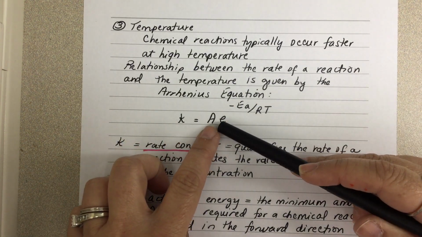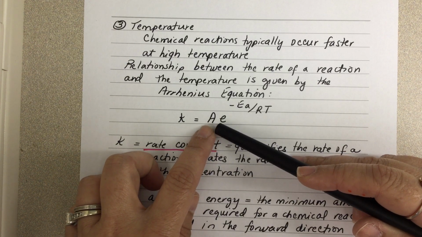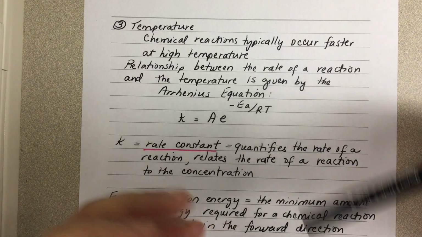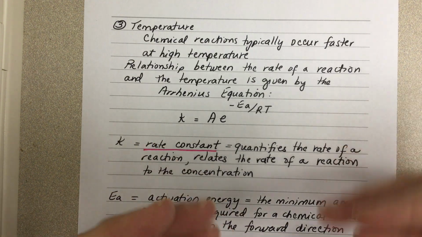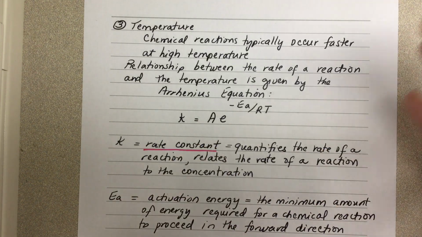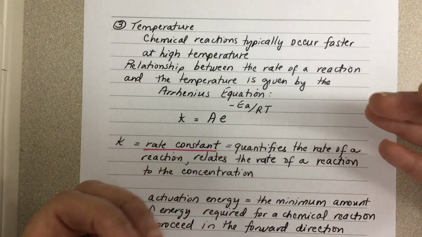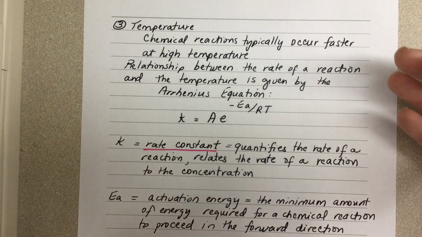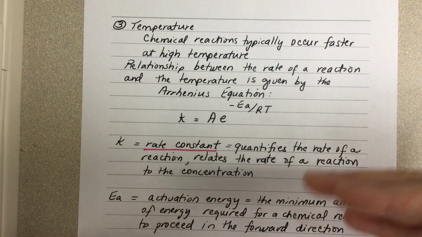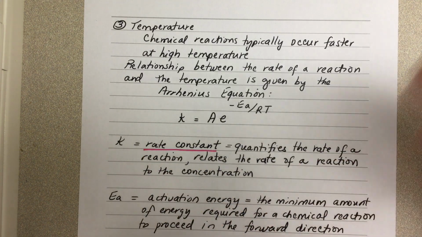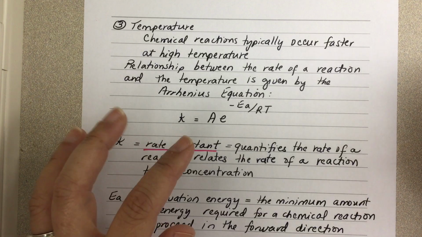We have that letter A, which is a frequency factor. That frequency factor is a number telling you how frequently your particles are going to collide over time. It's a number in units of seconds to the -1, like 20 seconds to the -1 means that the frequency is about 20 collisions per second or something like that.